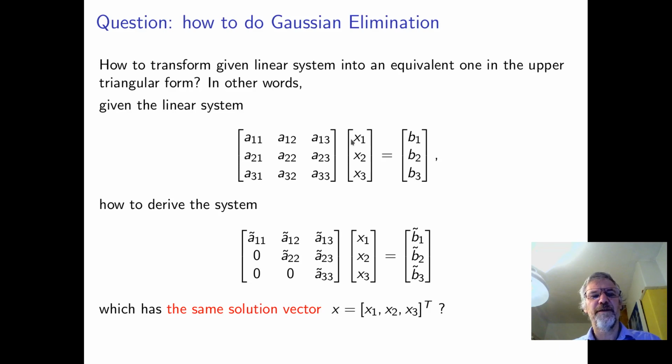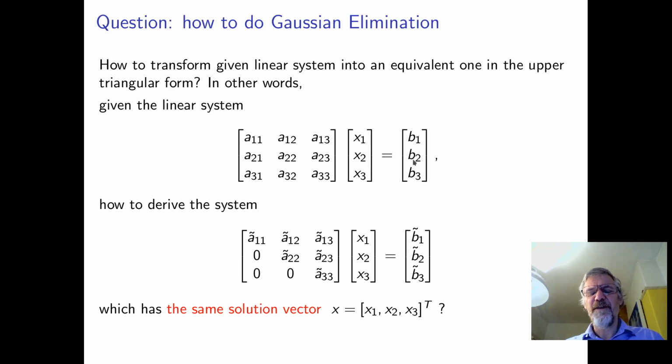Okay, so Gaussian elimination, we start with this linear system, and the first thing is to get rid of this lower triangular block. The x's stay the same, but of course the b's will change because we're adding multiples of one row to another.